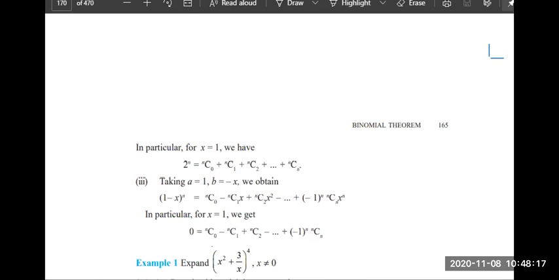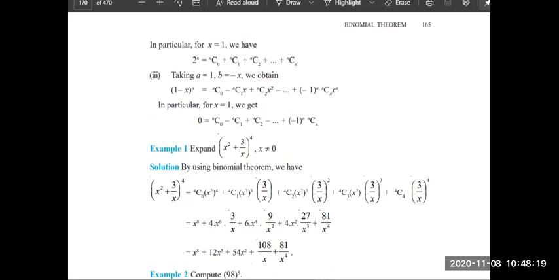Let's see one problem step by step. It is just a formula. I'll show you step by step. So the first term, write it down. Power is 4. So start with the coefficient. First coefficient is 4c0.